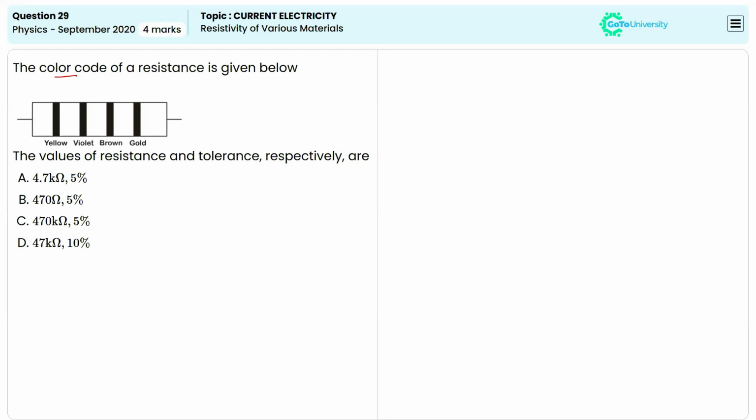Yeah, very good. I will just show you the color code, like I showed the color code during the class also, so you people can tell me using that as well.